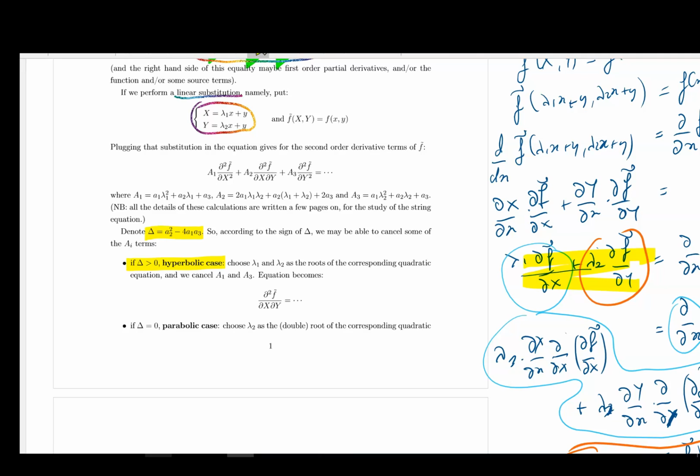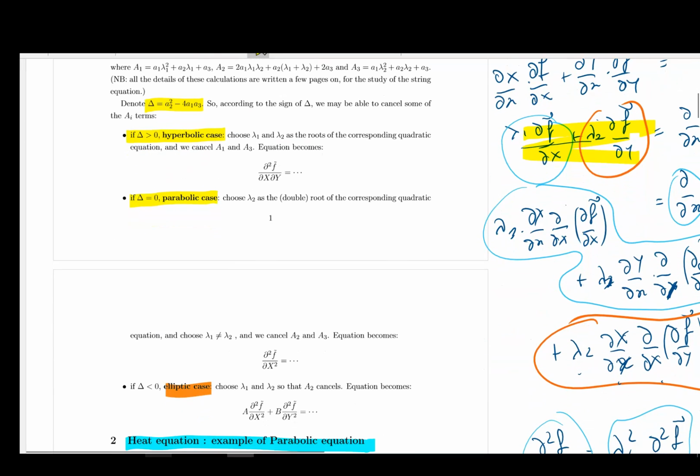If delta is equal to 0, you will have a parabolic case. And if delta is smaller than 0, you have what's called the elliptic case. Those names were just chosen in reference to the equations that we have for hyperbolas, parabolas and ellipses. So it doesn't really have a further meaning than that.